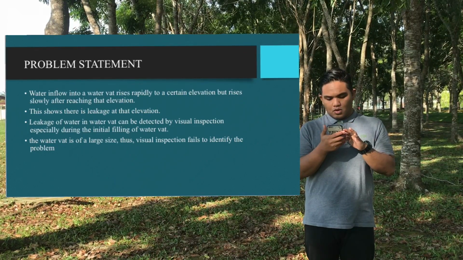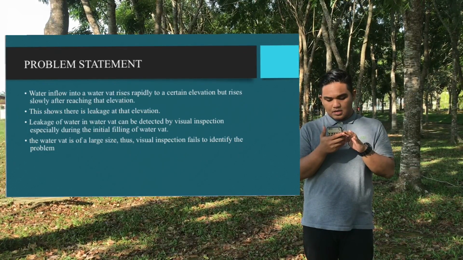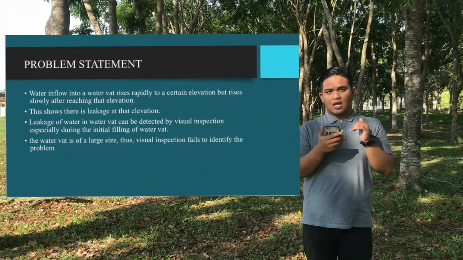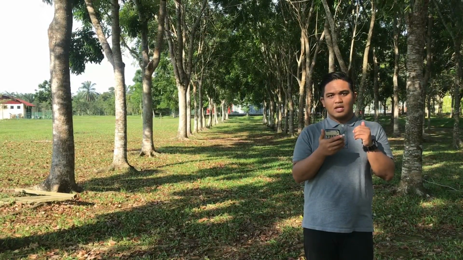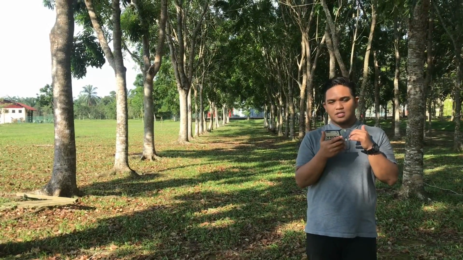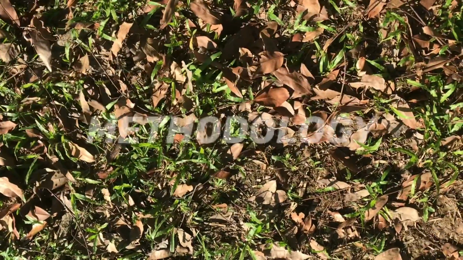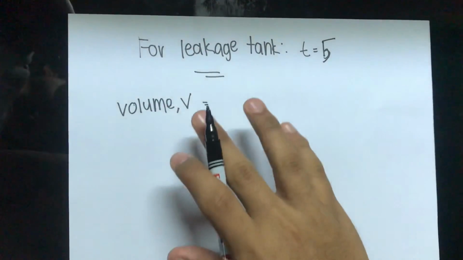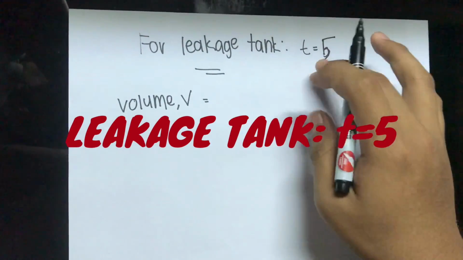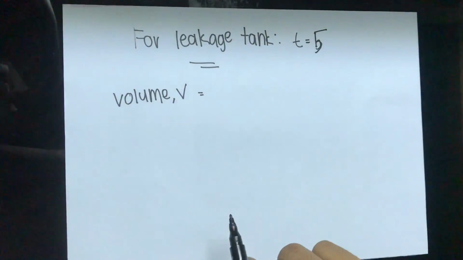So in this case we fail to do a visual inspection because the septic tank is too large. This is the example of a leakage tank for T5 based on this table.